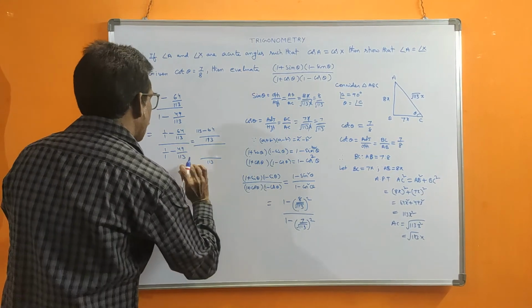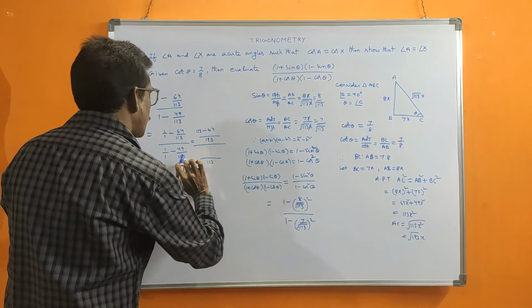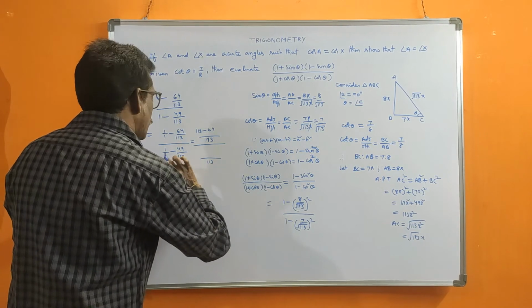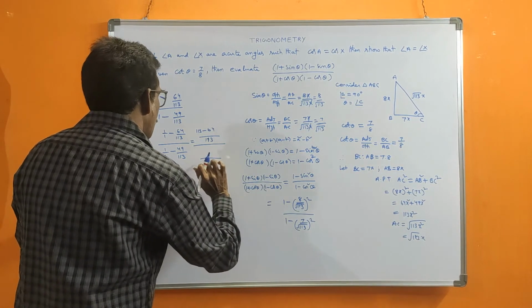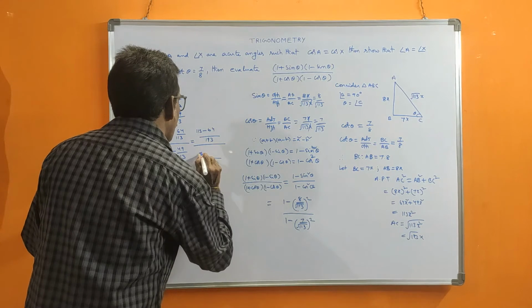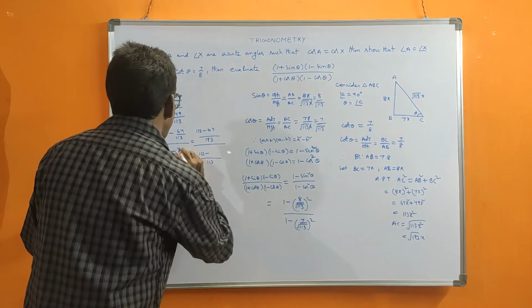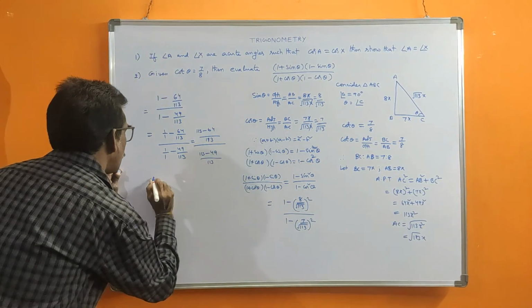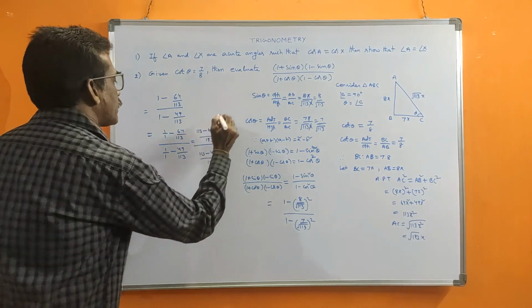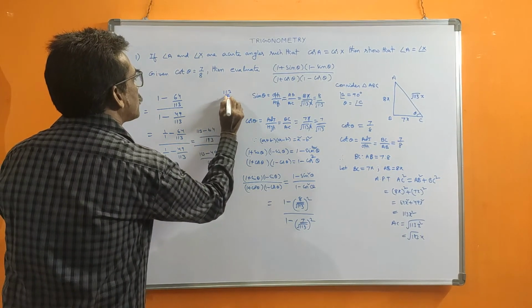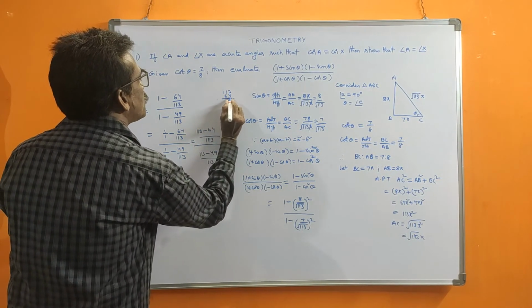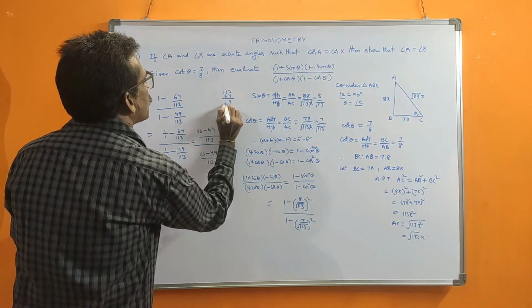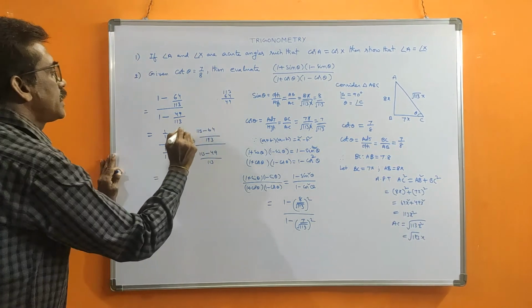Same way, the LCM is 113, so 113 times 1 is 113, minus 49. You simplify. So 113 minus 64 is 49, and 113 minus 49 is 64.